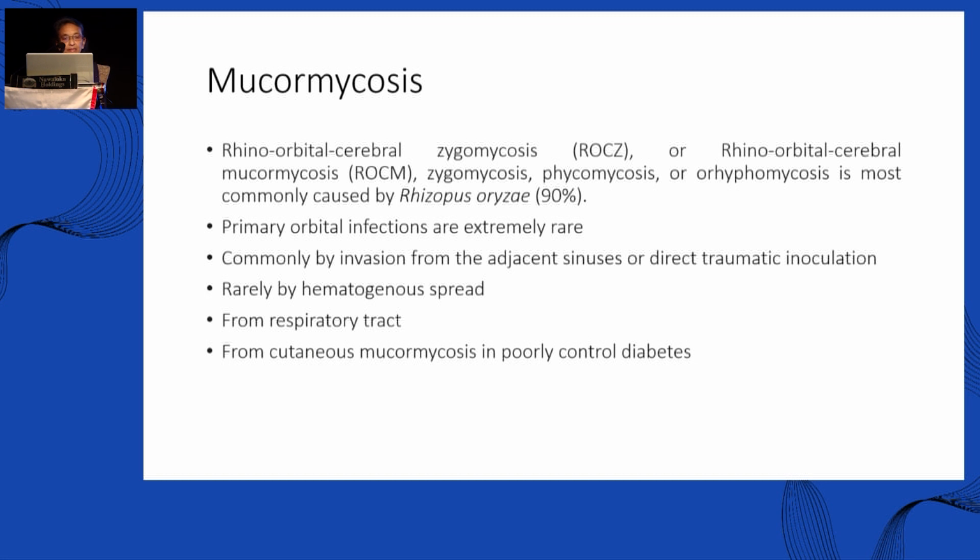Again, there can be different ways of spread. Primary orbital infections are extremely rare, but commonly there is inoculation from the adjacent sinuses, and maybe direct inoculation. Very rarely they can get hematogenous spread, and there can be inhalation from the respiratory tract also.